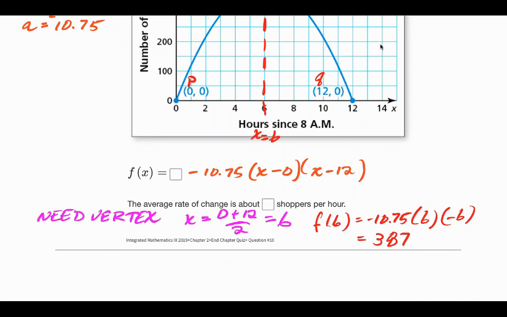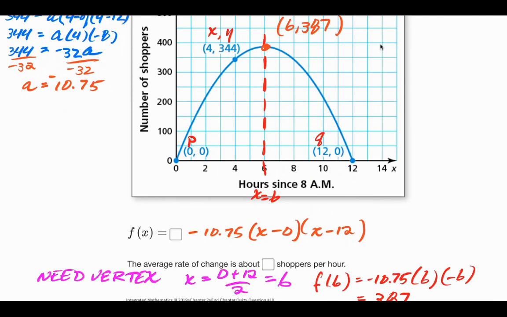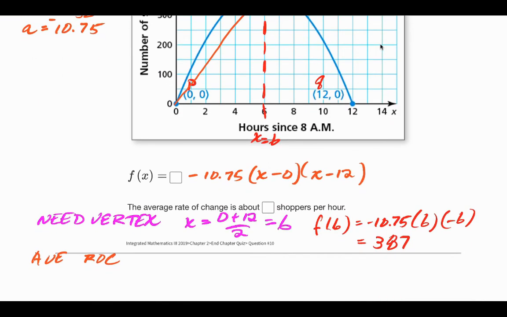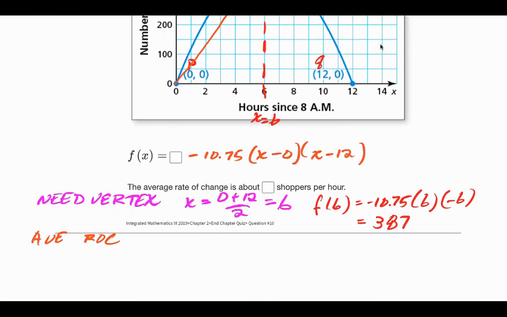All right. And then last thing, again, we're going to take our average rate of change. And this time they said to do it where it's increasing. So remember, it's only increasing from 0 to 6. And then it's going to be decreasing there. So we're going to say f of 6 minus f of 0.